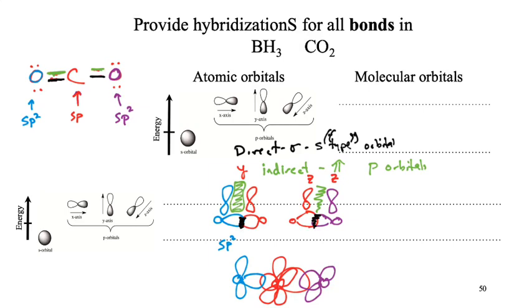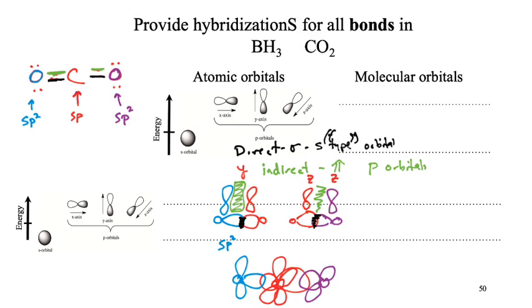So what molecular orbital theory and hybridization bring to the party is that we don't have single, double, and triple bonds. We have sigma and pi bonds. There's only two types. So how do I get the quote-unquote double bond? I need a sigma bond and a pi bond. How do I get a triple bond? A sigma bond, a pi bond, and another pi bond.